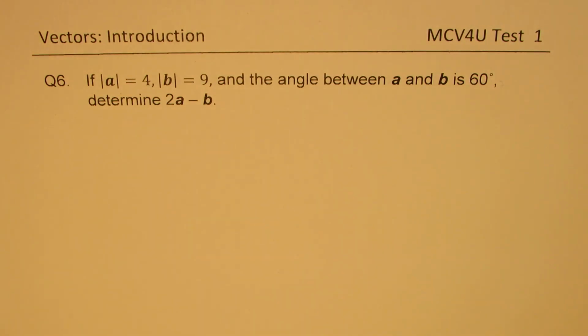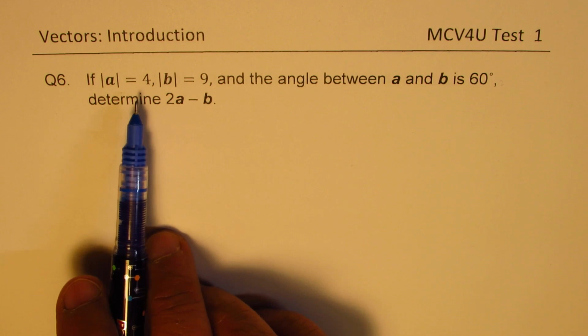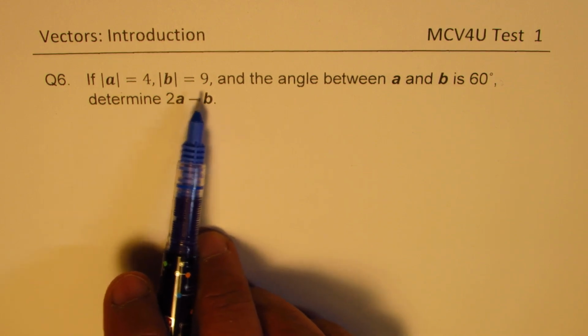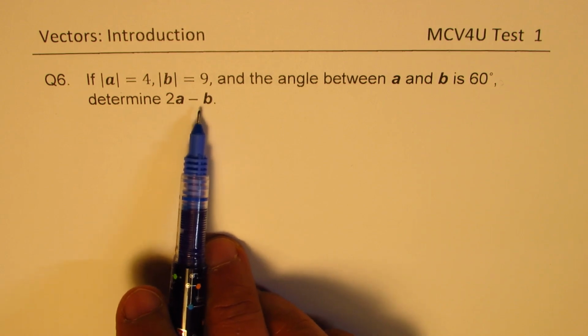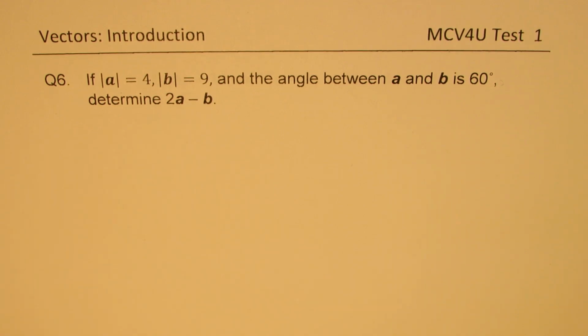Let's take question number 6 now. If the magnitude of vector A is 4, magnitude of vector B is 9, and the angle between A and B is 60 degrees, determine 2A minus B. Okay.